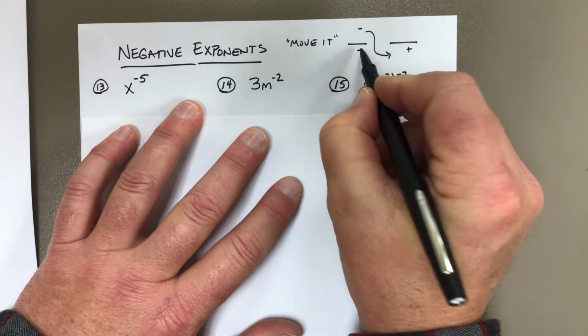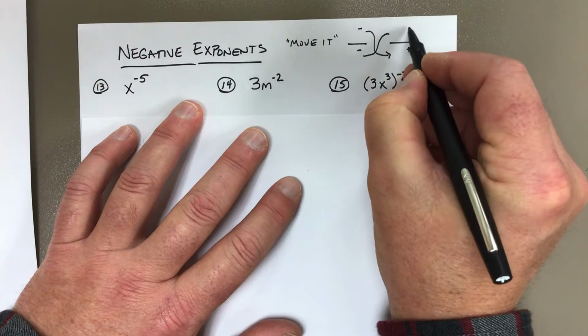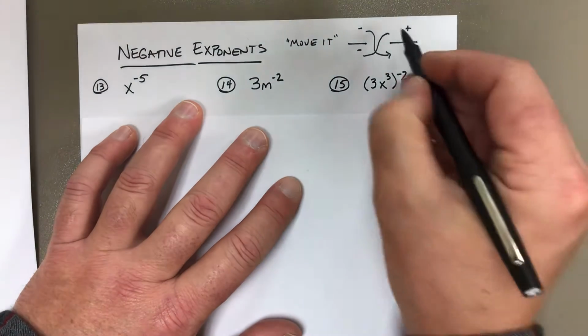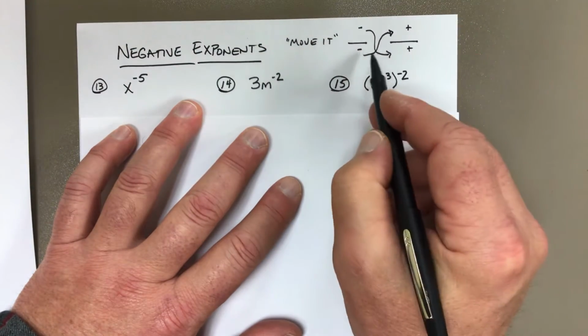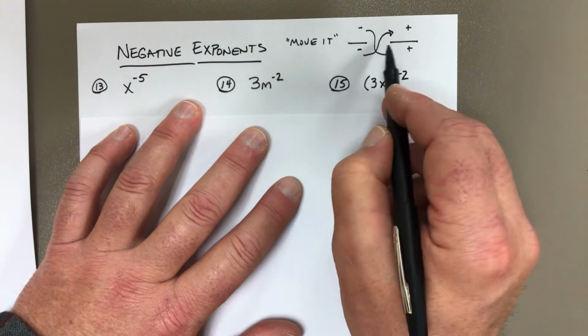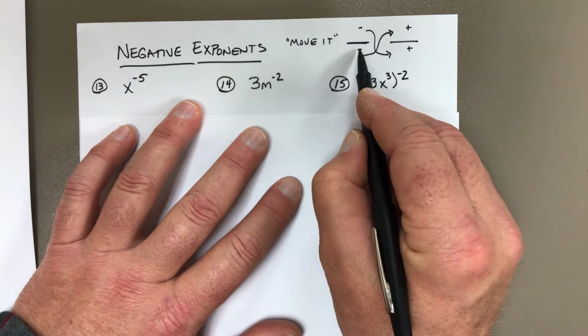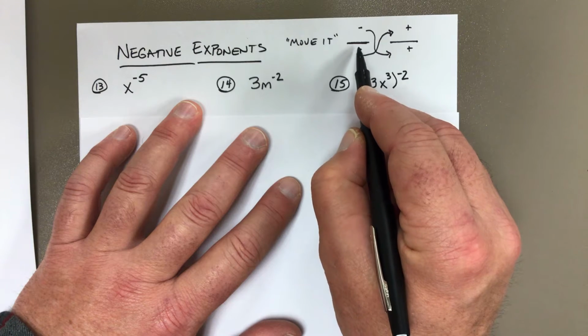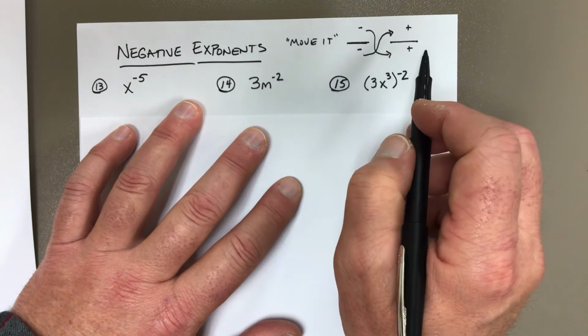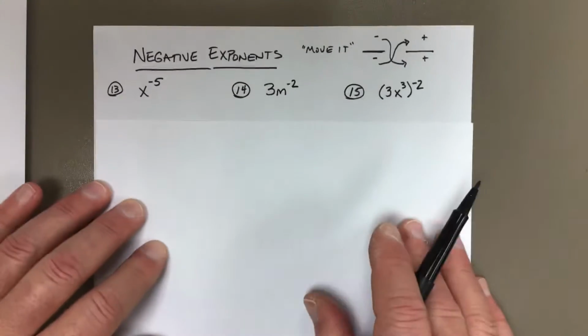If the negative exponent is down here, we're going to move it up here and it becomes positive. So whatever we do, we're going to move it. And when you move it, the fraction bar is like a magnet and it traps the negative sign in and it becomes positive. All right, so let's give it a shot.